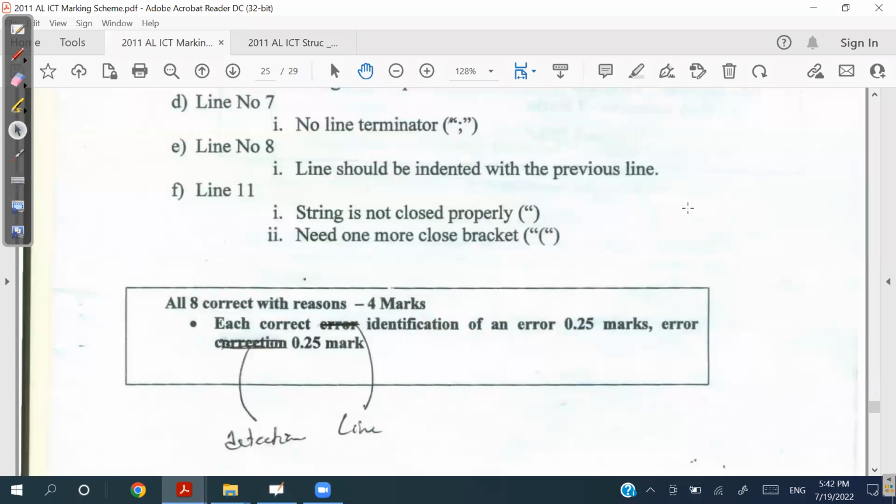Is that clear? Okay. If you have any doubts, then you can ask, right?